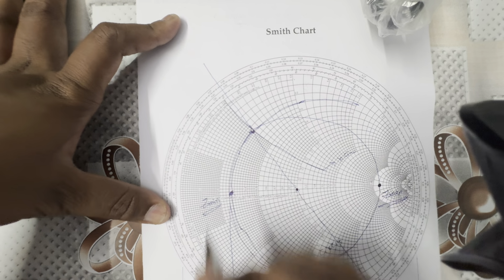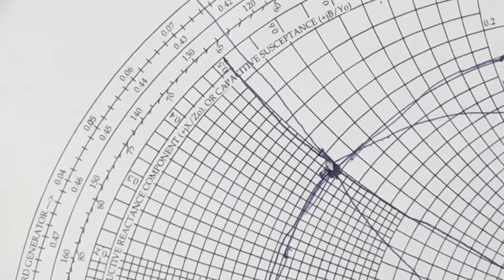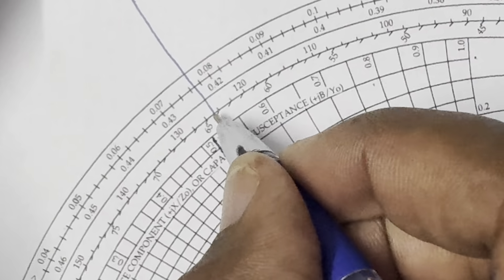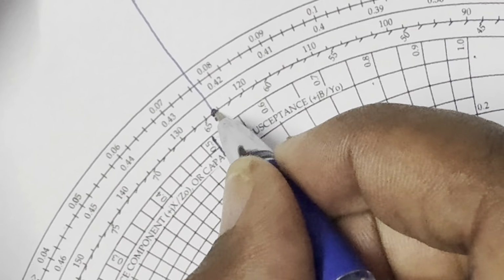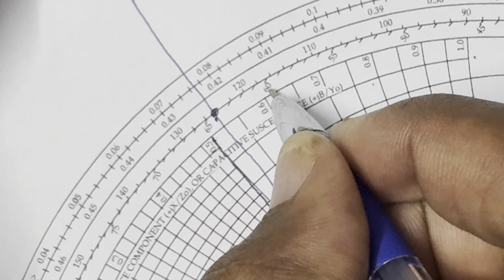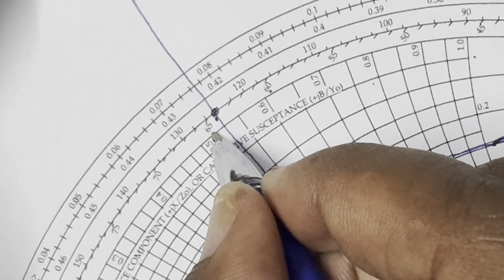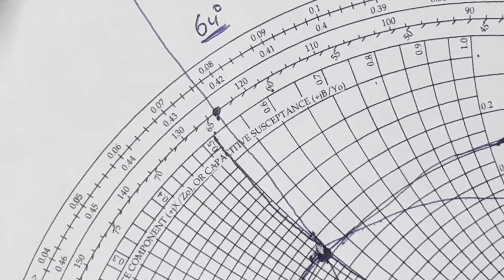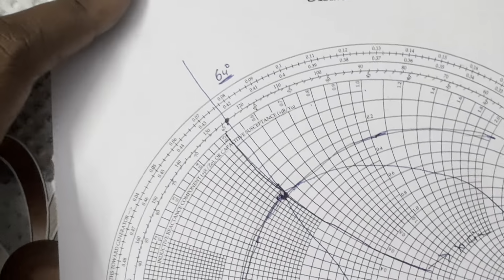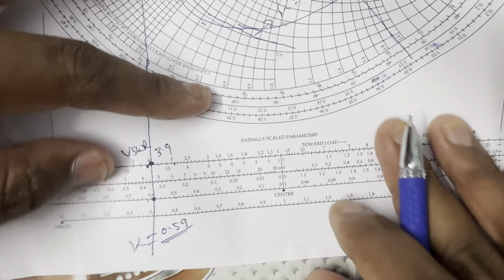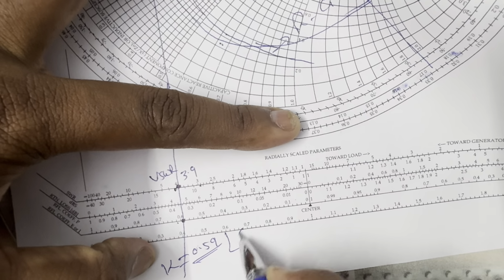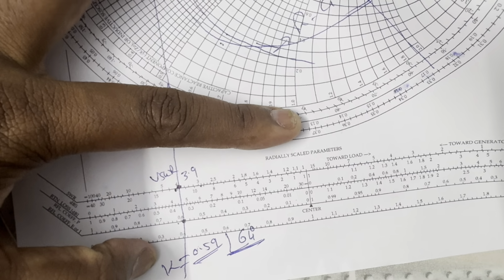Now look at here, this line strikes at this point. This point is between 60 to 65 and near to 65, so it is 64 degrees. So the reflection coefficient is 0.59 at an angle of 64 degrees.